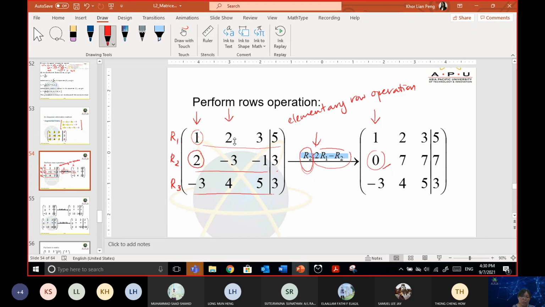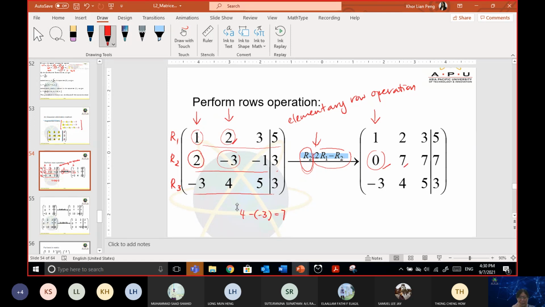Then we continue with the second value. 2 times 2, which is 4. Then 4 minus negative 3, you get 7. So you get 7 here.